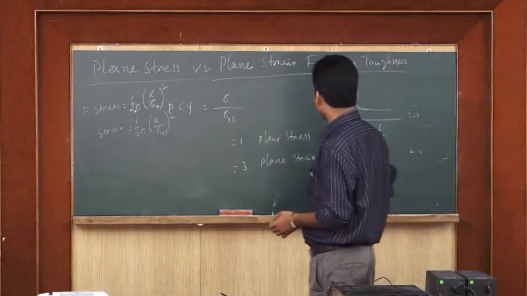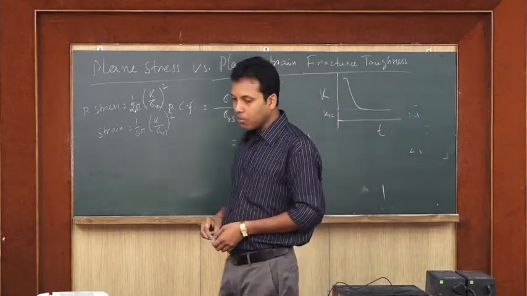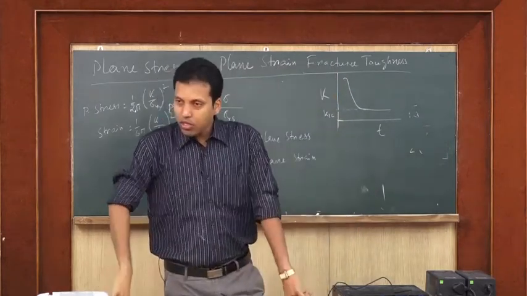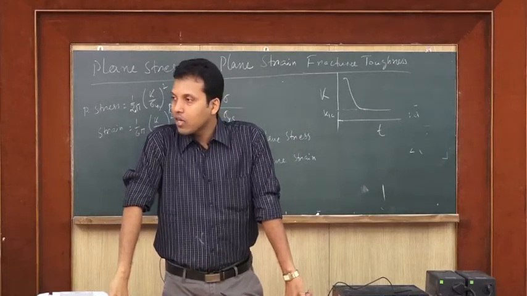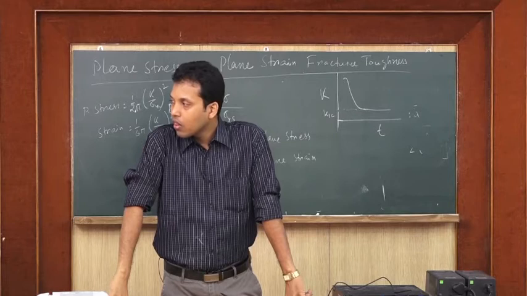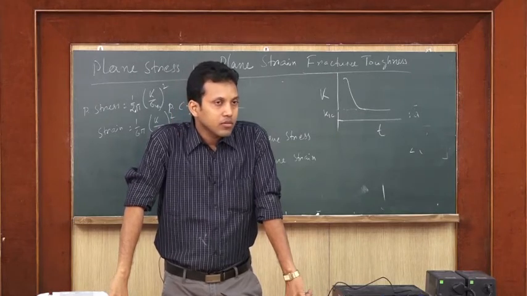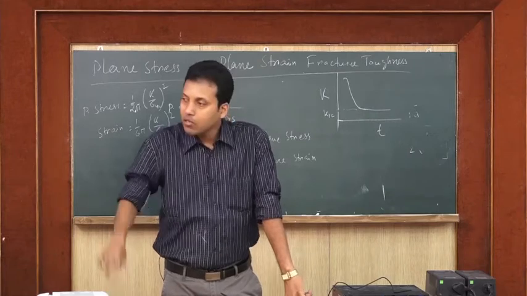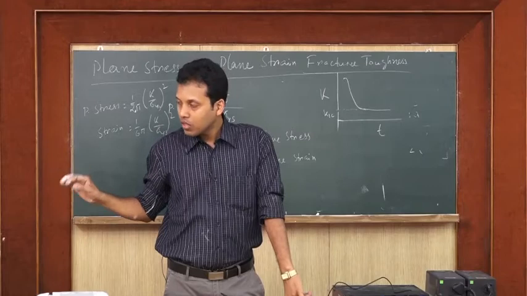Do you follow this or not? Means if I design a material considering this as the toughness of the material, then I can say that below this the toughness will never go.